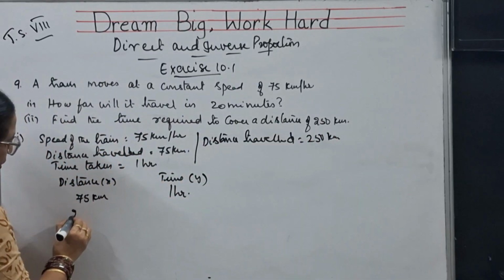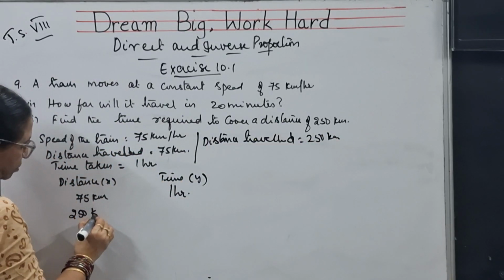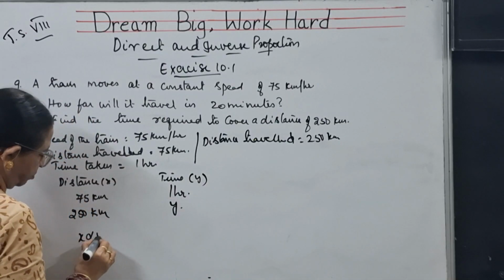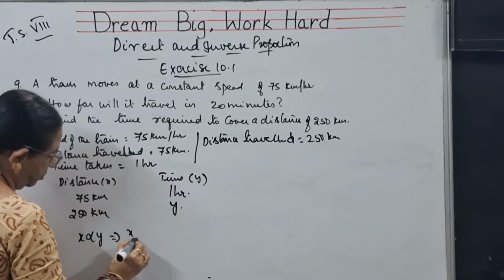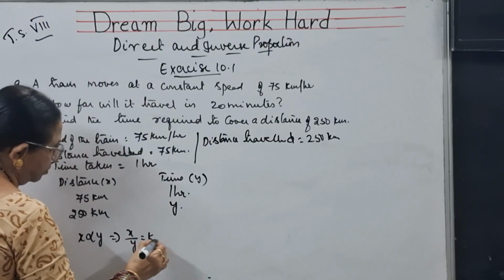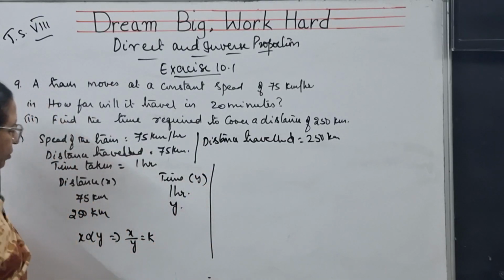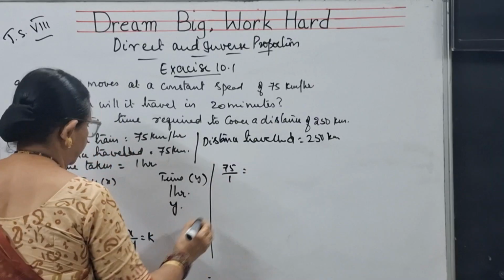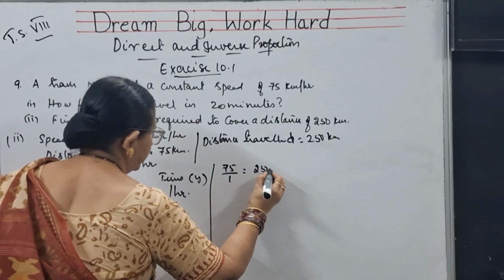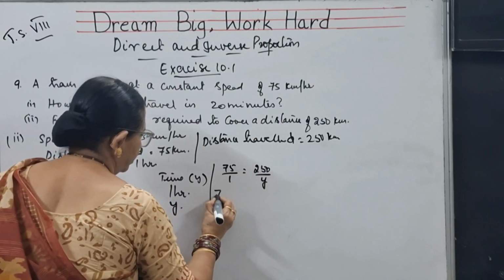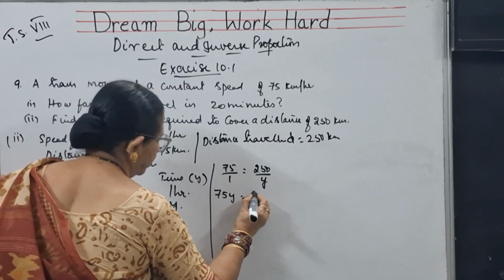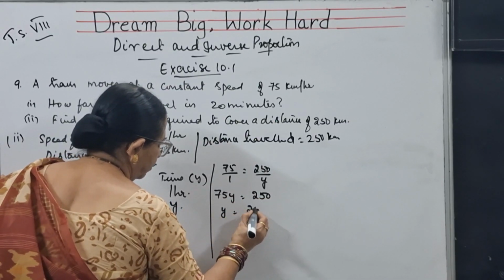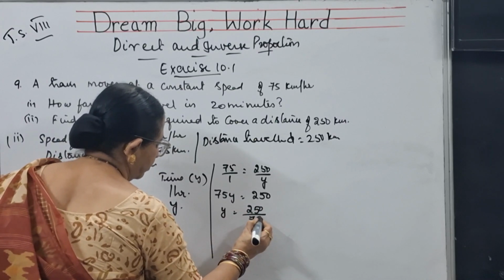So here you will be writing 250 kilometers means y hours. x is directly proportional to y, which implies x by y is equal to constant. Therefore 75 by 1 is equal to 250 by y. 75y is equal to 250. So y is equal to 250 by 75.